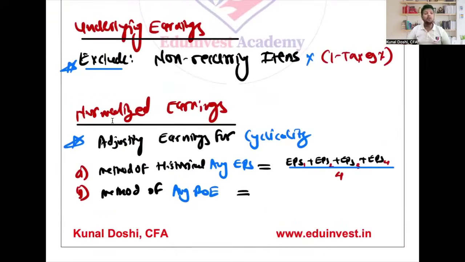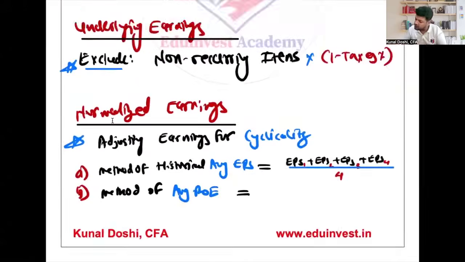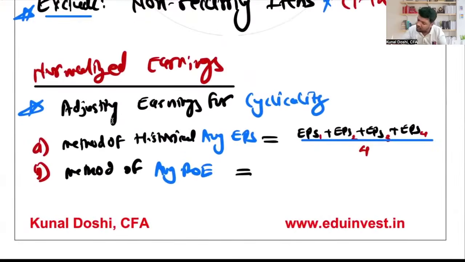The second is where you take the average ROE. ROE is net income over total equity. So here we will take the average ROE and multiply with the current book value per share. We can take ROE from the last 4 years or 5 years.